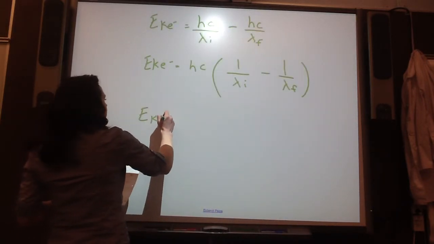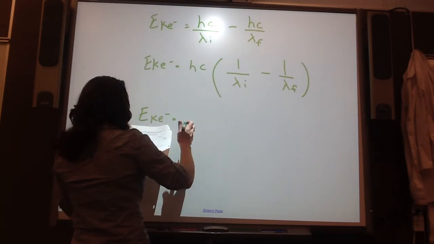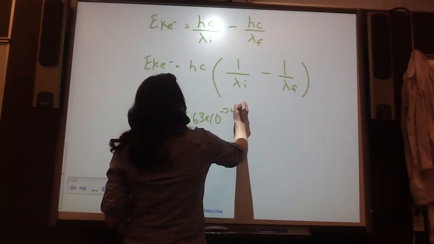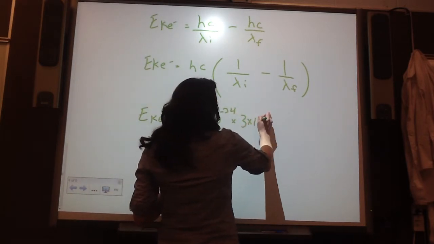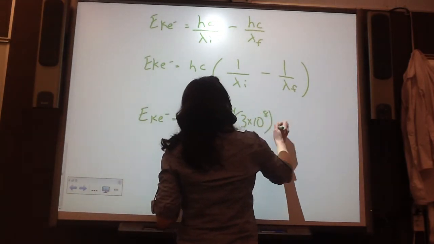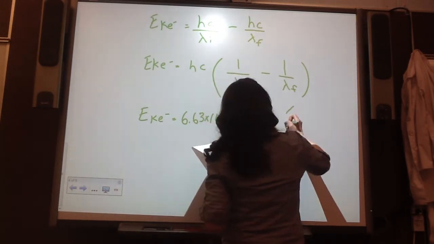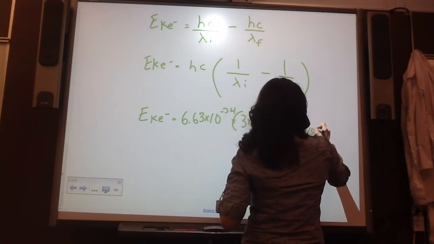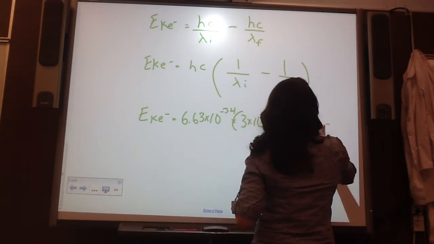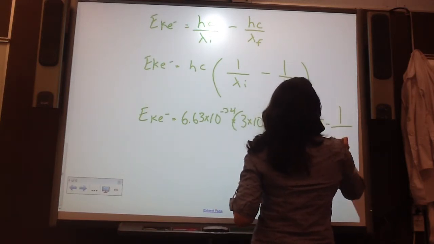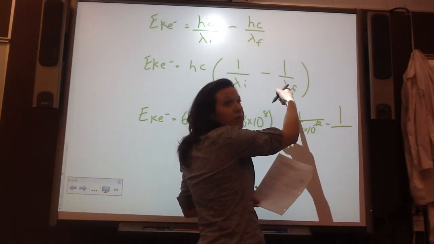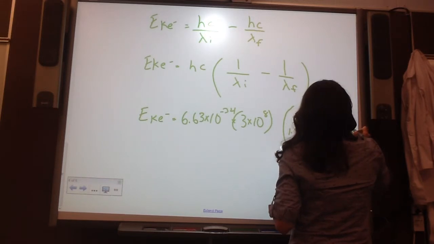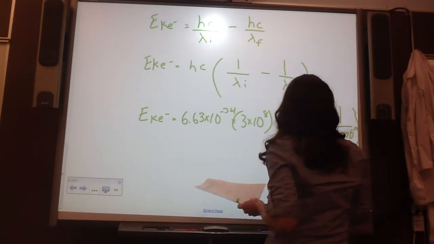Now we're ready to put in our data. 6.63 times 10 to the negative 34 times 3 times 10 to the 8, all multiplied by 1 over 1.28 times 10 to the negative 12 minus 1 over what we found from our previous answer, 1.36 times 10 to the negative 12.